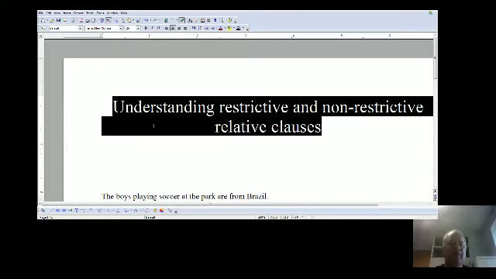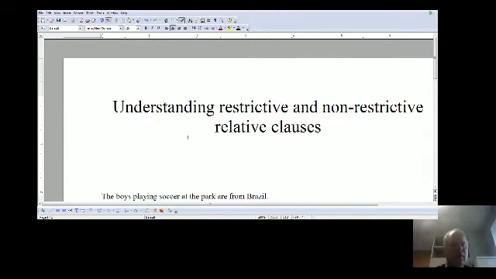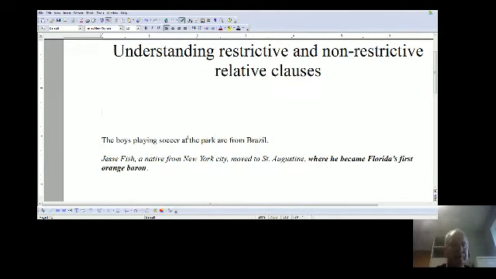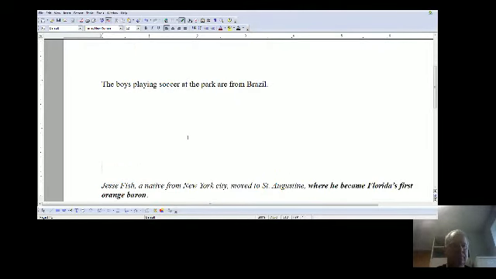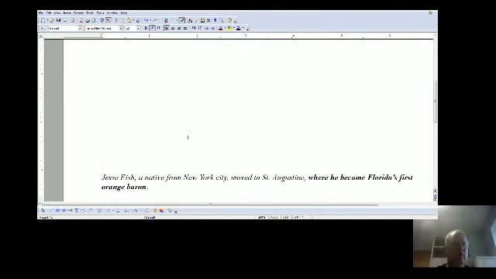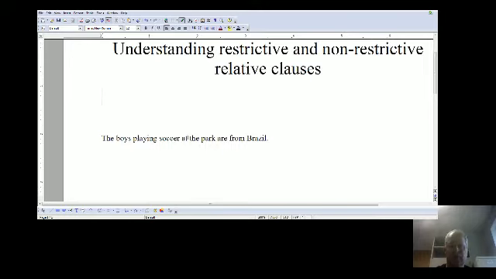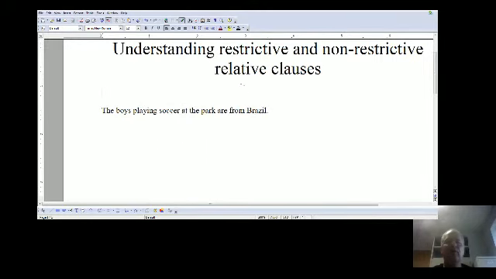Here we go. All right, so let's take a look at two examples here. Let's just look at one thing at a time. First of all, when I use the word relative clause, I refer to what's called an adjective clause.